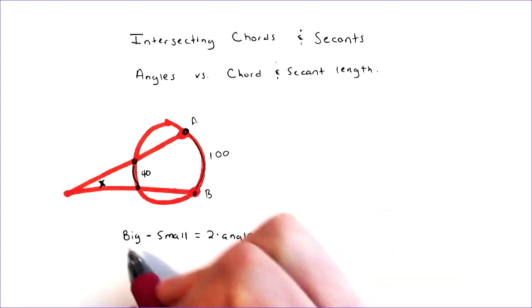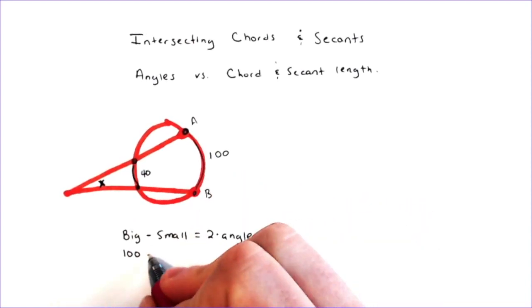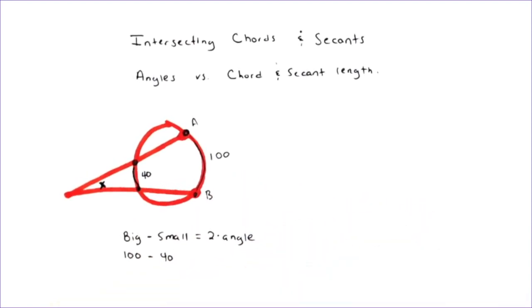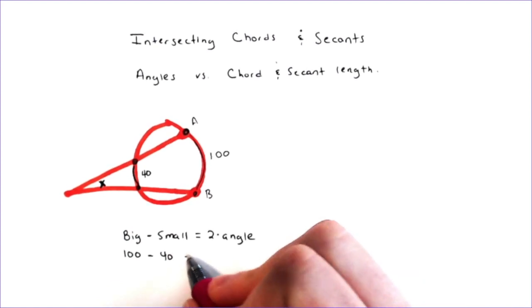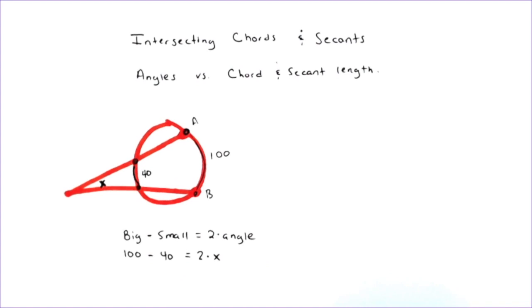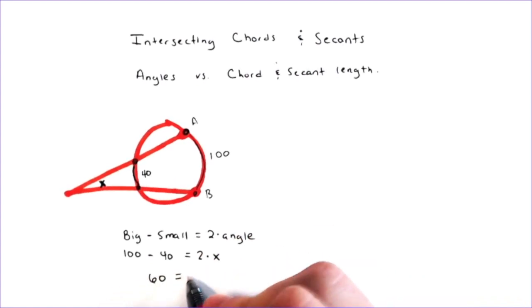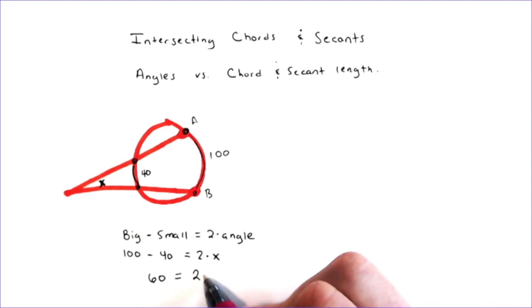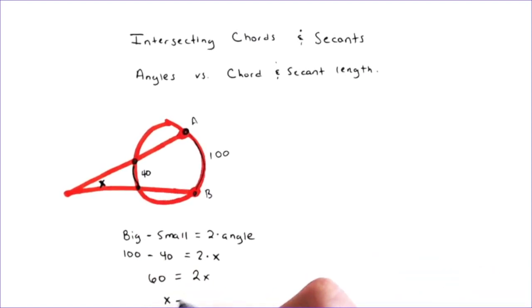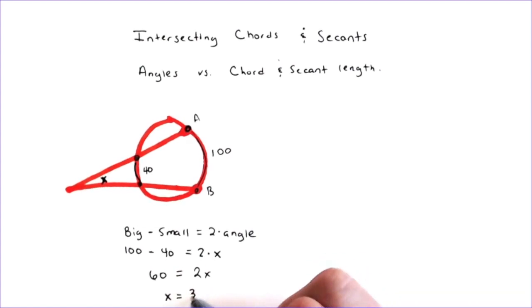In this case, that would be 100 degrees for the big arc minus 40 degrees for the small arc would have to equal 2 times the angle. In this case, the angle is X. So you do 100 minus 40, which is 60, and that would equal 2x. And then when you divide by 2, you get your answer, which is x is equal to 30.